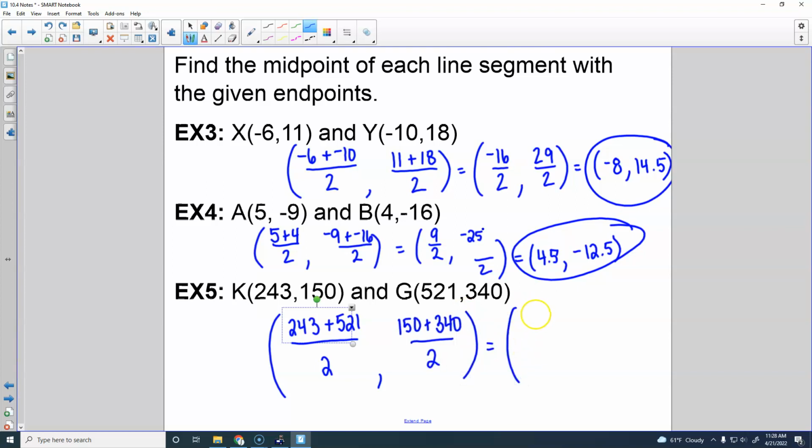Okay, so tell me what we get for that second one. Very good.